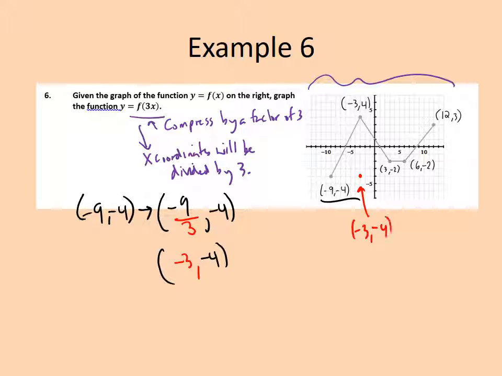This coordinate up here, we're going to take the -3 and divide by 3. So our x-coordinate becomes -1. So our new coordinate is -1, 4. Down here, we have 3 divided by 3, which is 1. So our new coordinate is 1, -2.